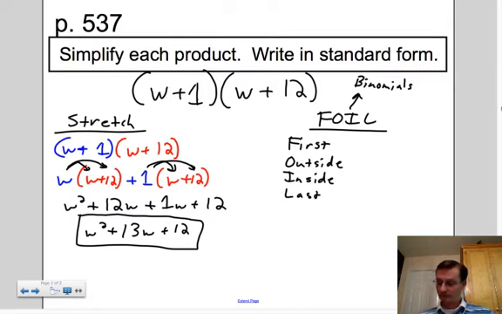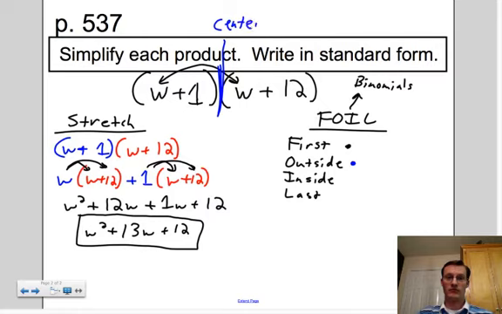So the first, let's color code these. All right, so first would be the 2 black ones. So these 2, they're the ones in the front, to the left. Now, the outside, let's put in blue. If you think of this as the center, then the blue is going to be far away from the center. So these 2 here.